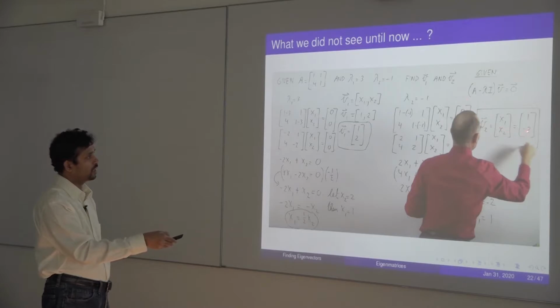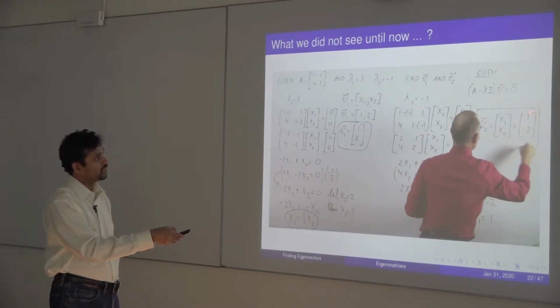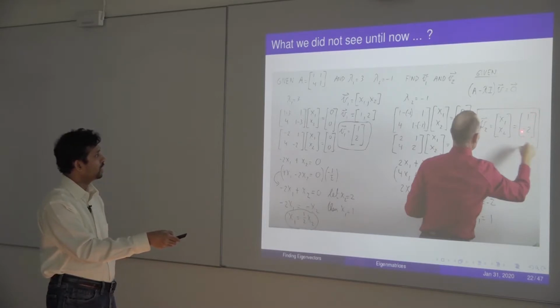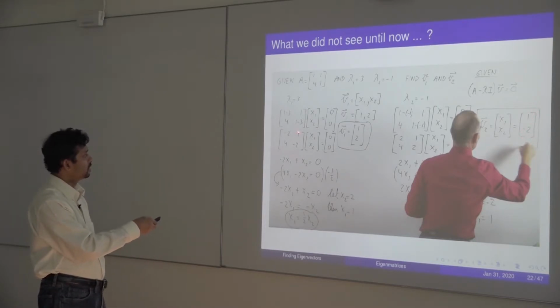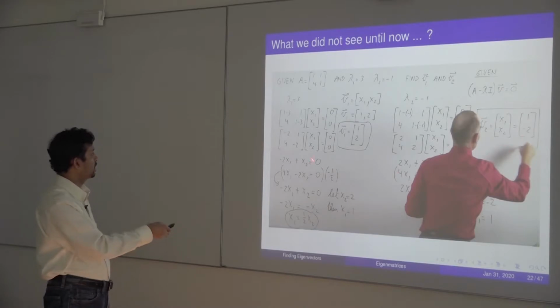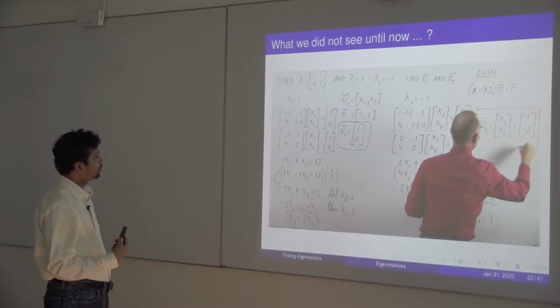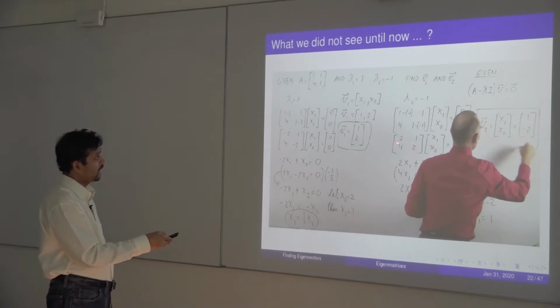And if you look at the other one, the eigenvector for lambda 2 equal -1, you can see it is 1, -2. It is already sitting there. So all these other steps are not necessary, because the eigenvector is sitting there. You can also see multiples of that.